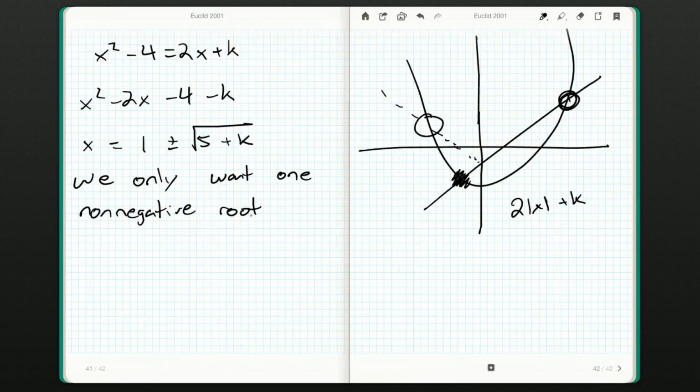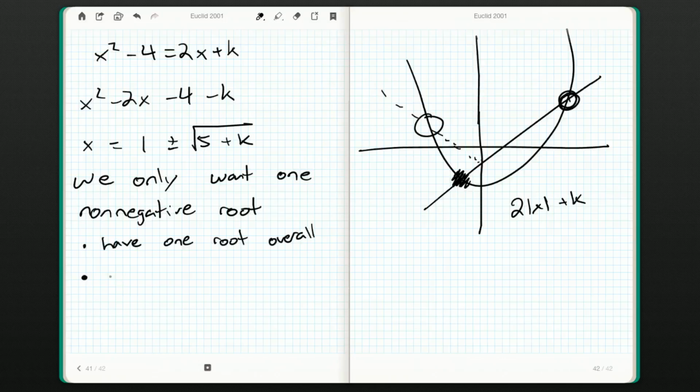So we only want one non-negative root, so we can either have exactly one root, so we have 2 cases here. So we could have one root overall, or we could have one positive and one negative root.